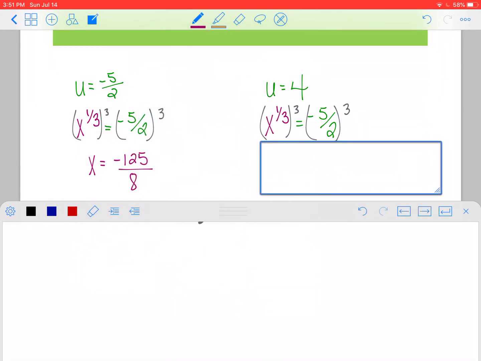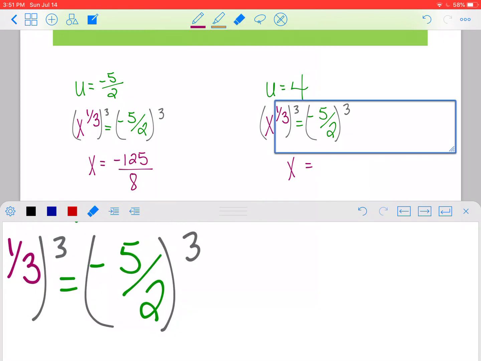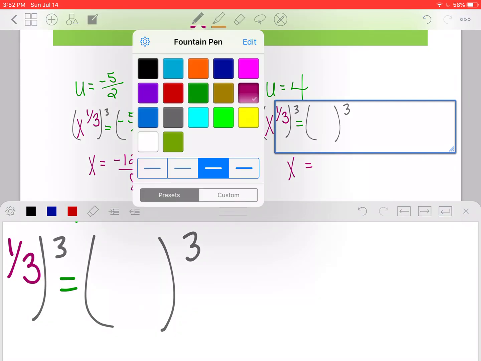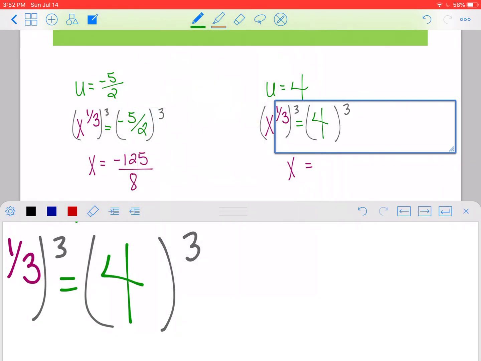Okay, 4 cubed is 64. And so assuming those work, and they do, then our solution set is negative 125 over 8, 64. And that concludes section R6.